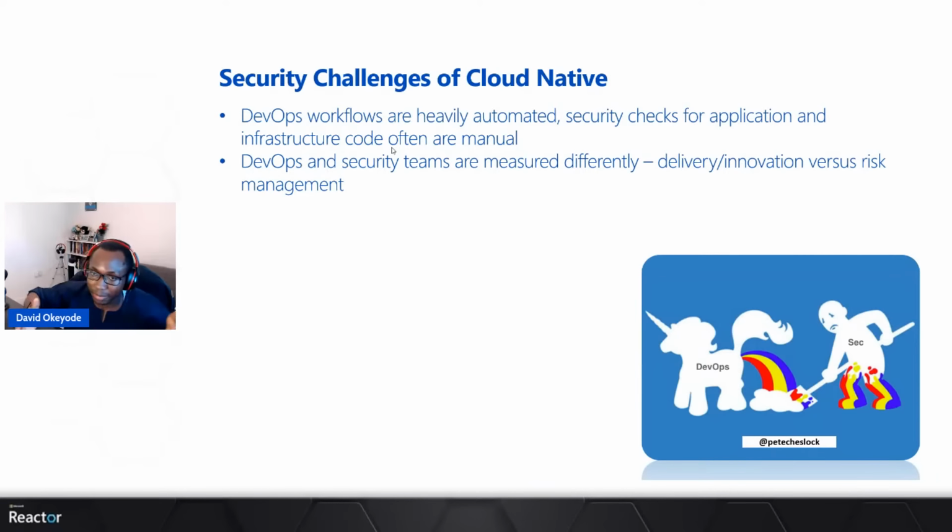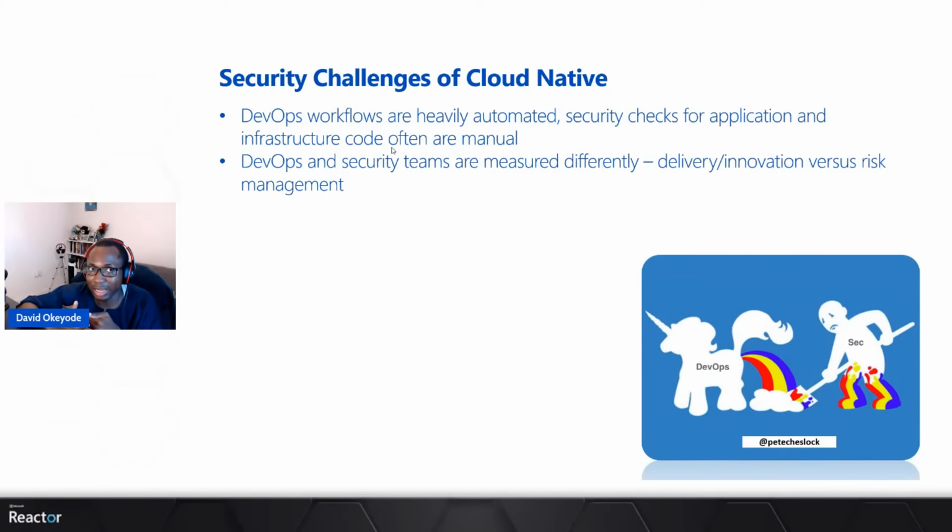The security team is measured on the risks they can reduce from being introduced into the environment, while the DevOps team is measured on moving at pace, innovating and deploying quickly. So now you potentially have two conflicting goals: one team is trying to reduce risk, the other is trying to move at pace.